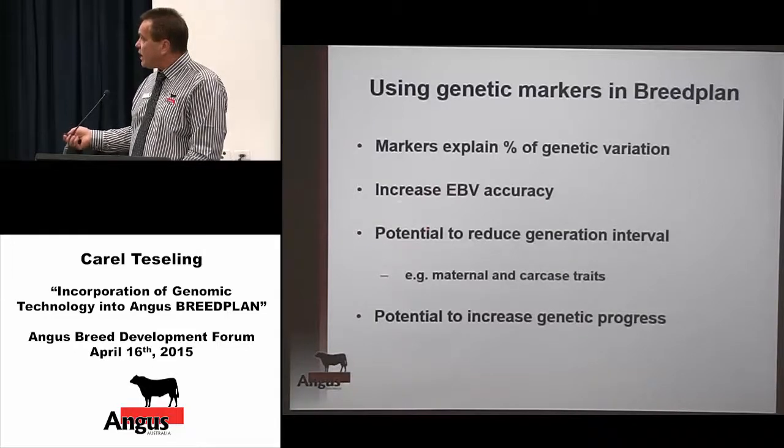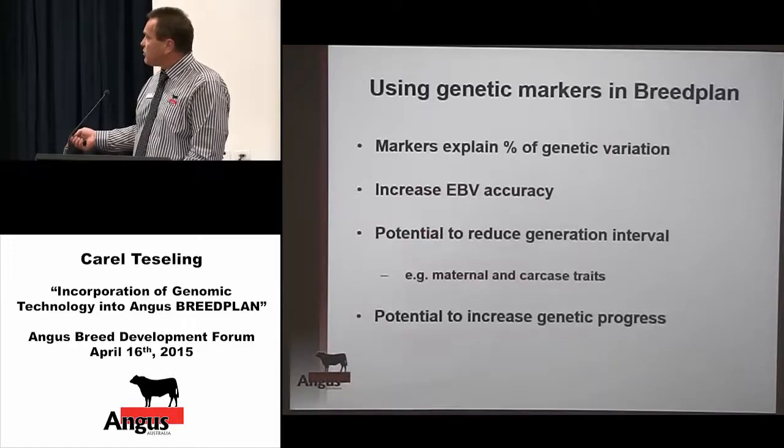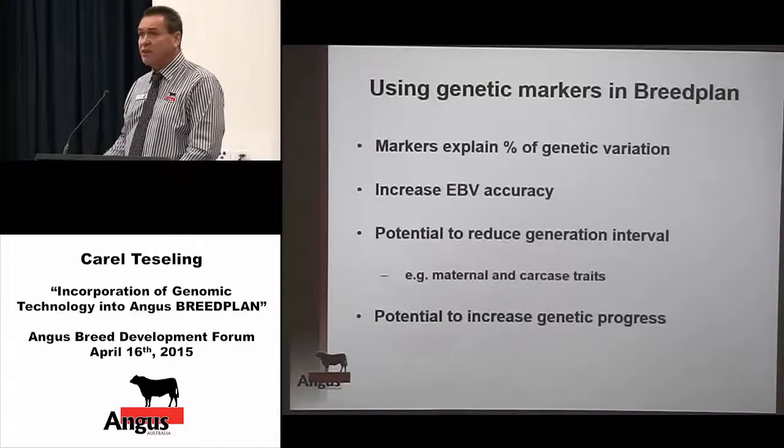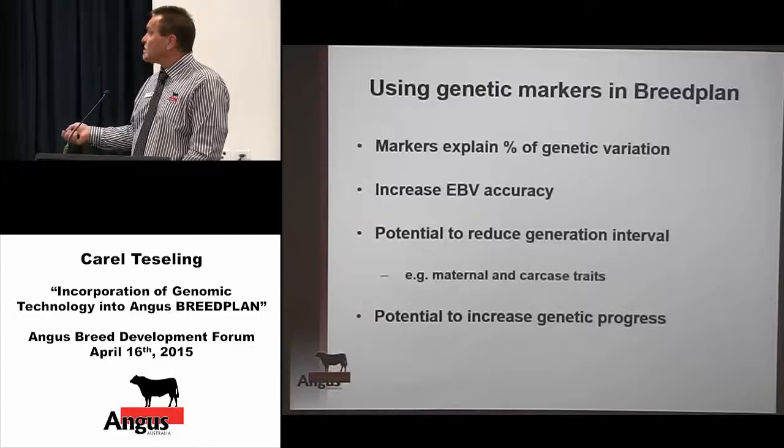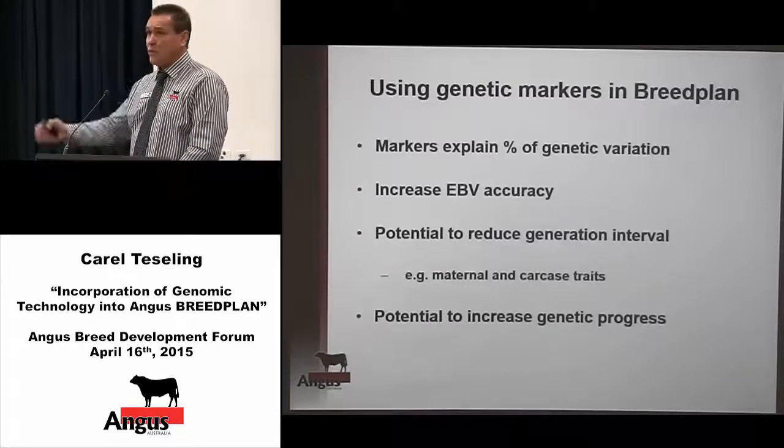If we then have more accurate EBVs, it should be able to reduce our generation interval. Especially with markers, you can actually use them on very young animals. Therefore, you can get to a point where you can start to select animals for maternal traits or even carcass traits when they're very, very young.